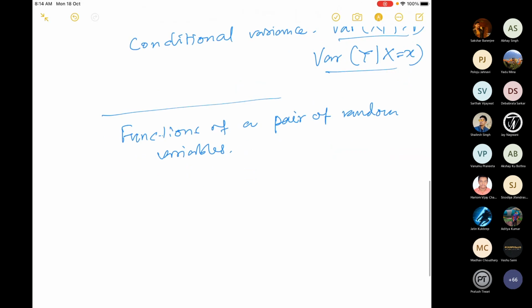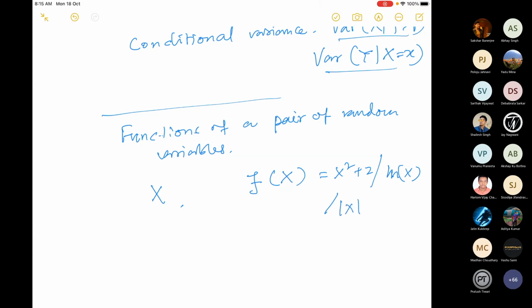Okay, first, let me just recall that we have discussed what is called a function of a random variable when it was a single variable. For example, suppose capital X is a random variable, then we talked about a random variable which is some function f of capital X, let's say X squared plus 2, or something like log X, or square root of X, mod X. Okay, these are all functions.